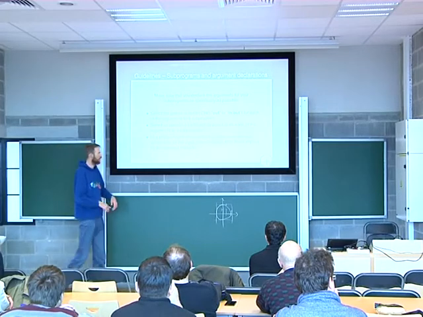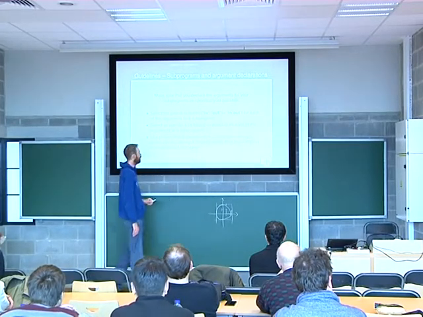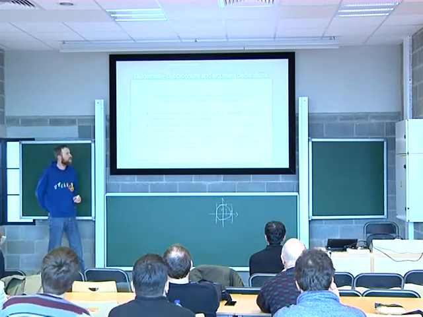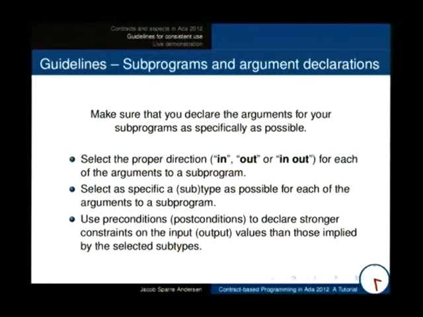So we select the proper direction of each argument. And we select as specific a subtype as possible for each of the arguments. And if plain subtypes can't do enough, then we can continue and use pre and post conditions to declare even stronger constraints.